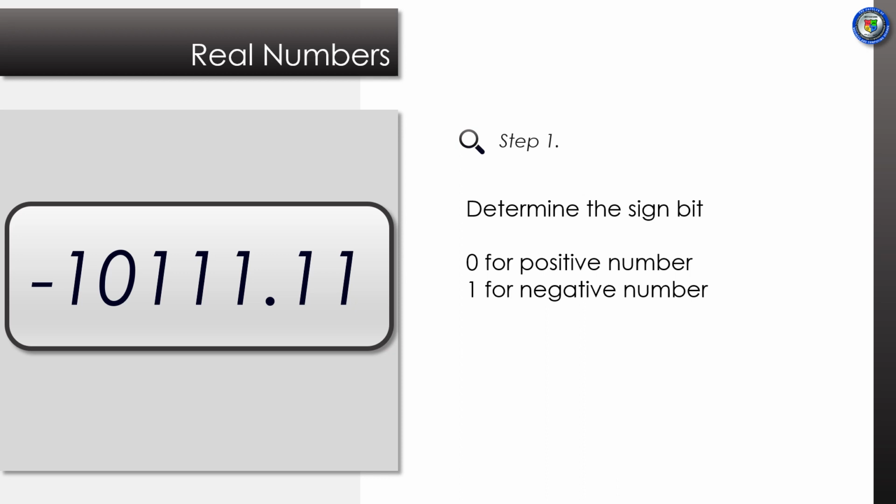We will again follow the steps that we showed in the last example. Step 1 will be to determine the sign bit. Again, a 0 for a positive number or a 1 for a negative number. In this case, we clearly see we have a negative number. Therefore, our sign bit will be 1.